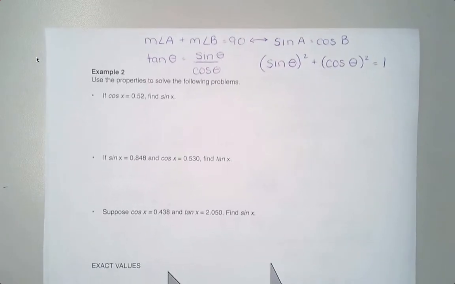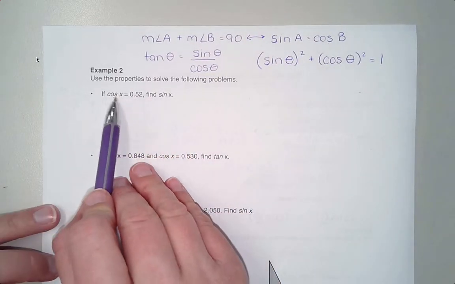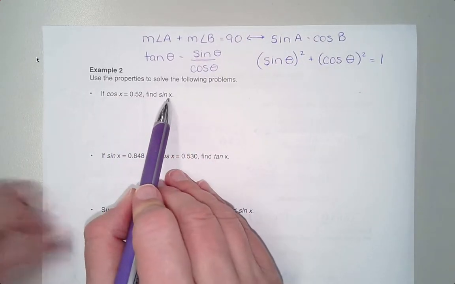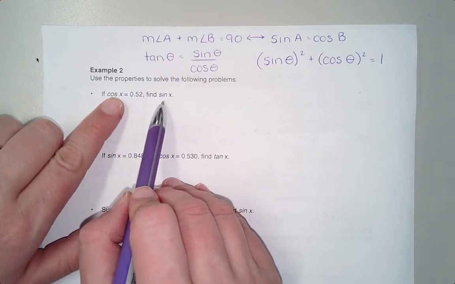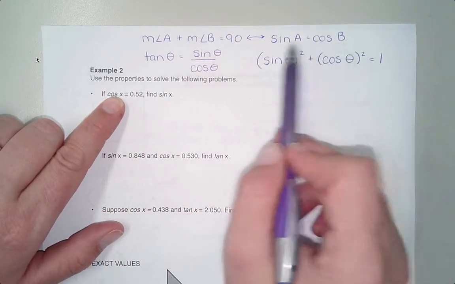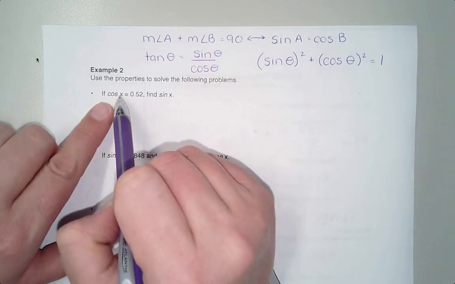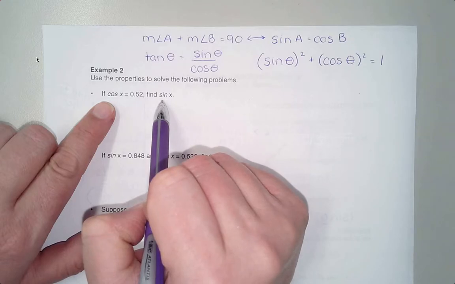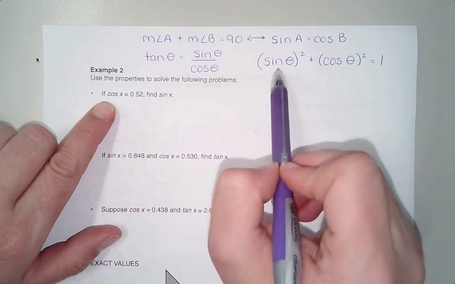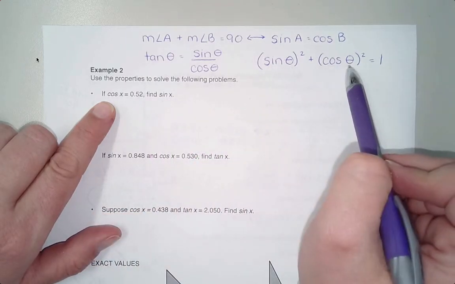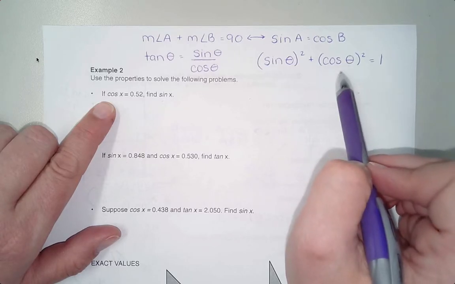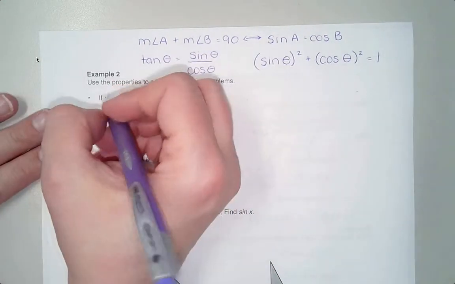So if I know the cosine of an angle and I'm looking for sine of the same angle, I have a lot of people trying to use the first theorem, but that is talking about two different angles. I have cosine of x and I want sine of x. The only property that incorporates sine and cosine of the same angle is this Pythagorean identity. So that's what I'm using here.